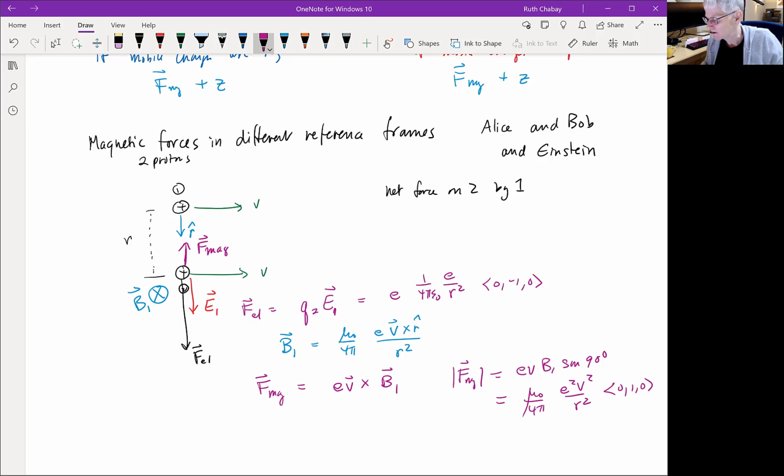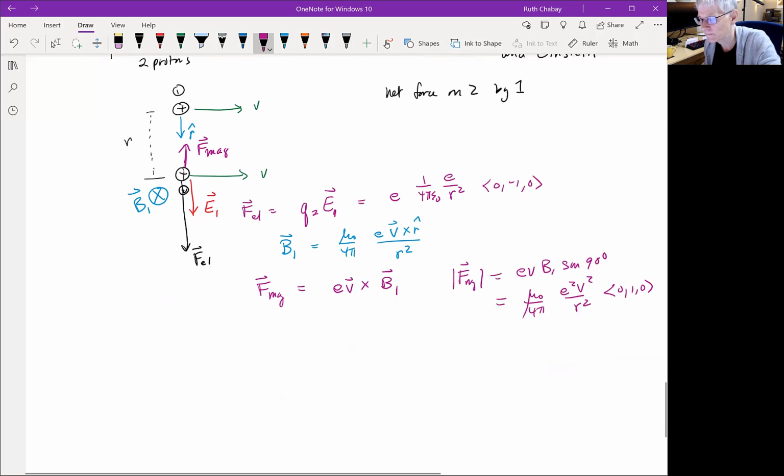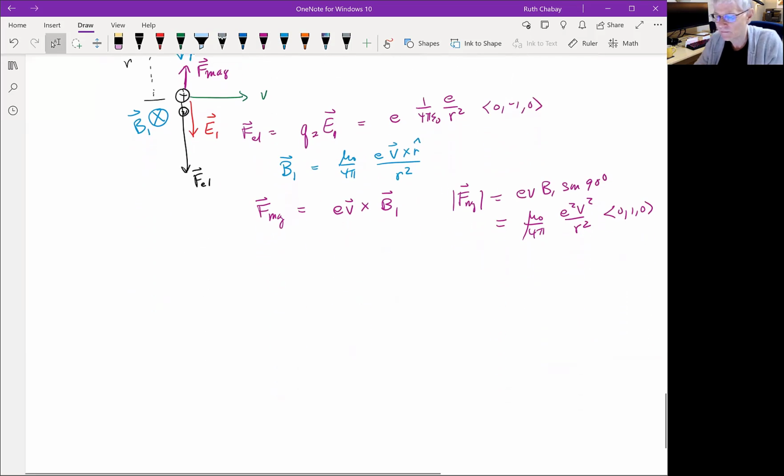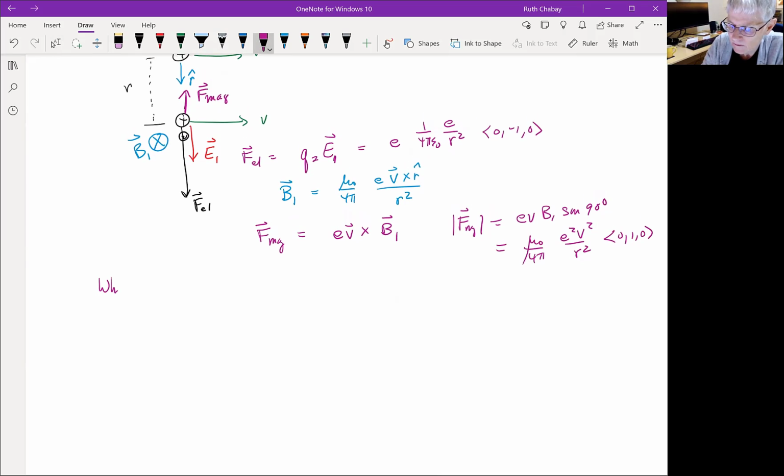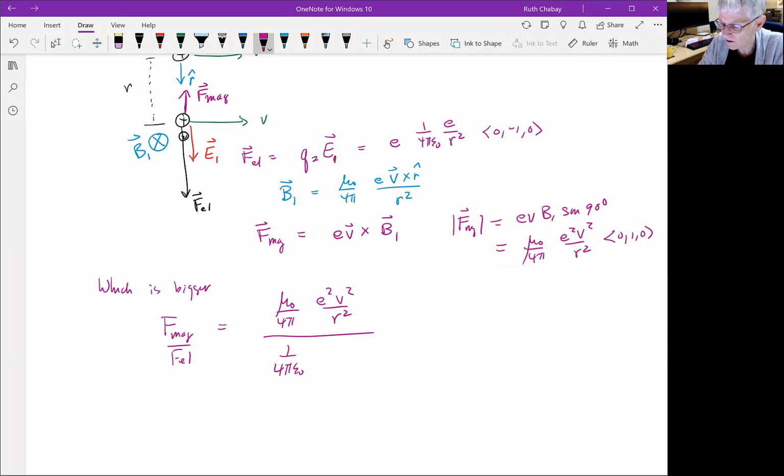So which force is bigger? Well, the magnetic force divided by the electric force is equal to mu 0 over 4 pi E squared V squared over R squared, divided by 1 over 4 pi epsilon 0 E squared over R squared.